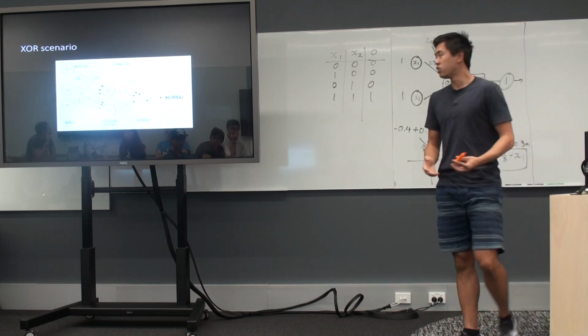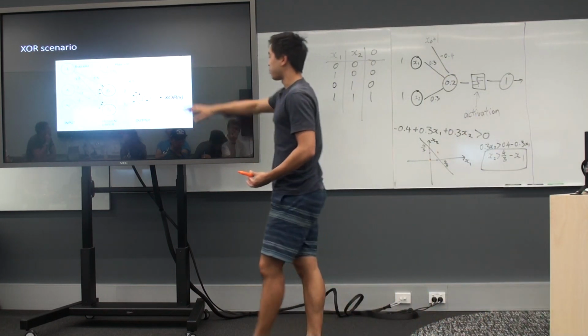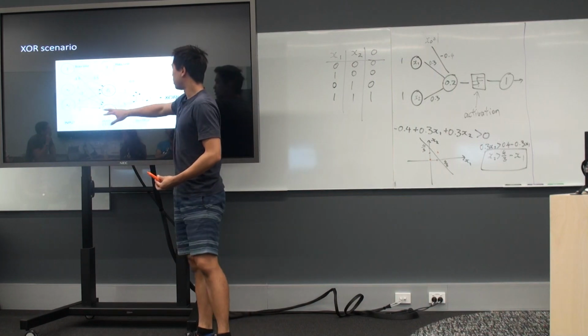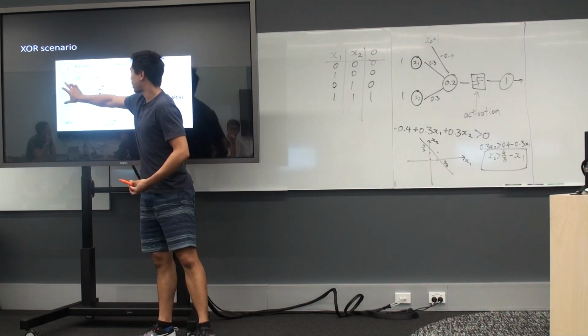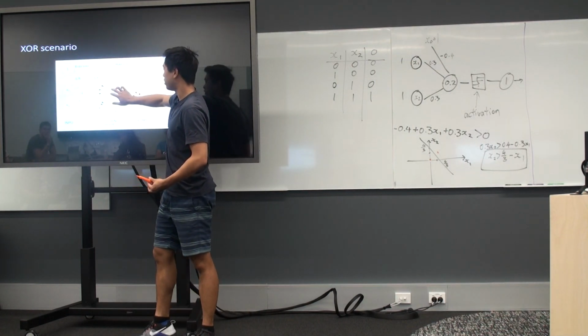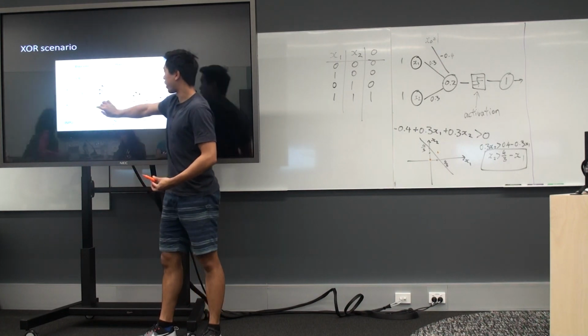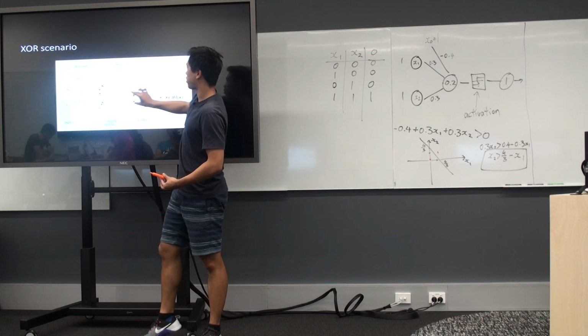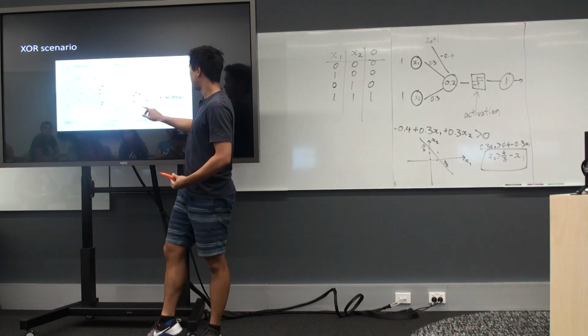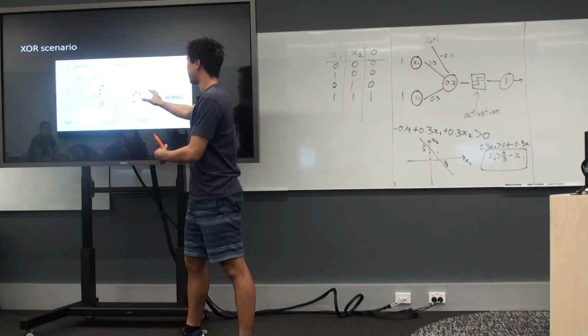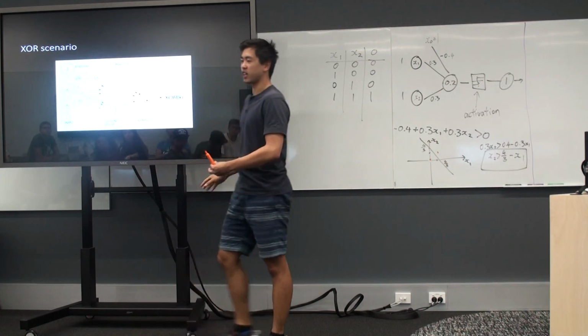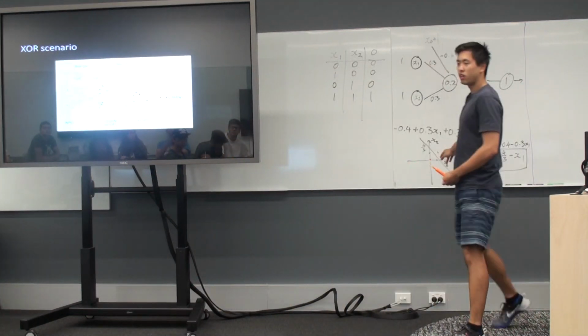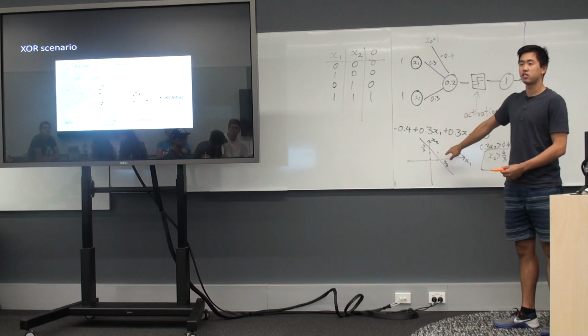But what we can do is add more perceptrons as well. So here we have one perceptron and its output. And then we use different weights to create another perceptron. And then with these two outputs, we create another perceptron. Stacking perceptrons on top of each other allows us to actually model this XOR case.